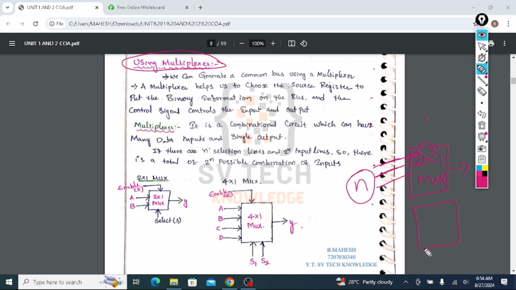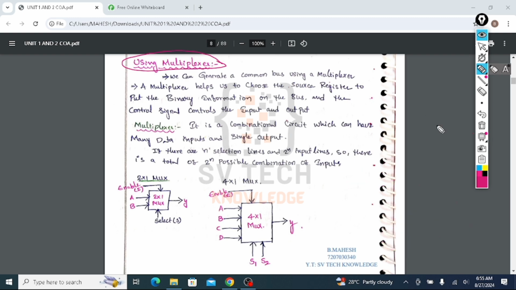Suppose it takes 4 inputs and gives one output, the output will anyway be 1, only the number of inputs changes. So it is called a 4x1 multiplexer. A multiplexer is a simple combinational circuit which can have n inputs and a single output.